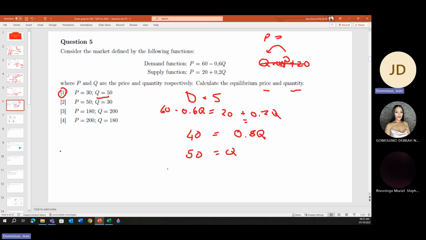But we can also just put Q back in one of those originals just to see if we get the same P value. That is 60 minus 30, which is 30. So P is also 30.